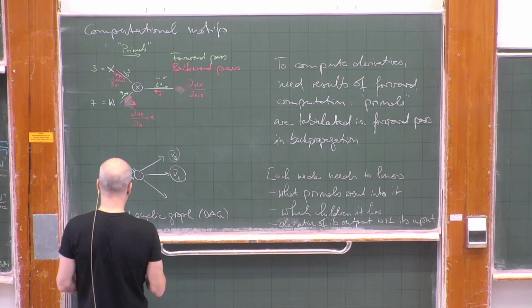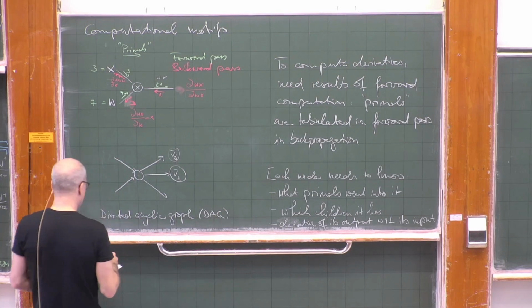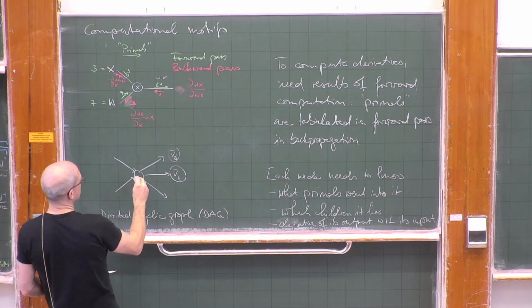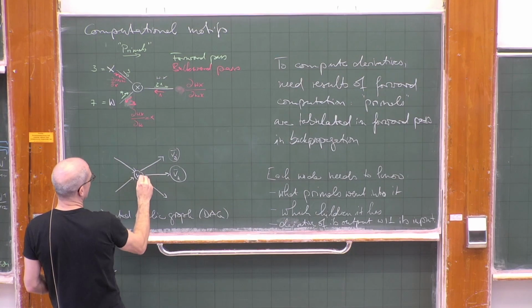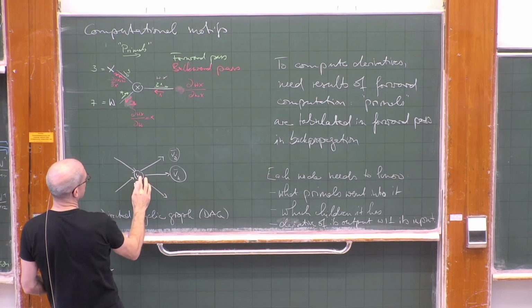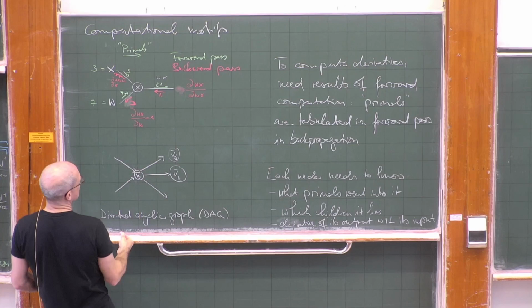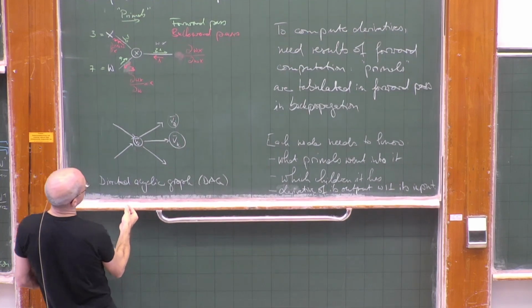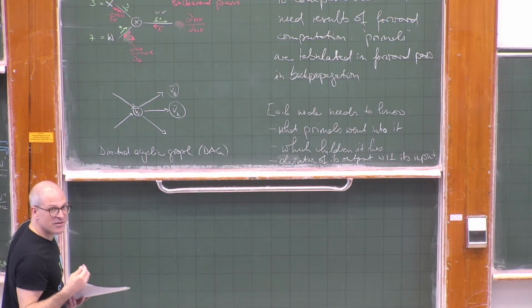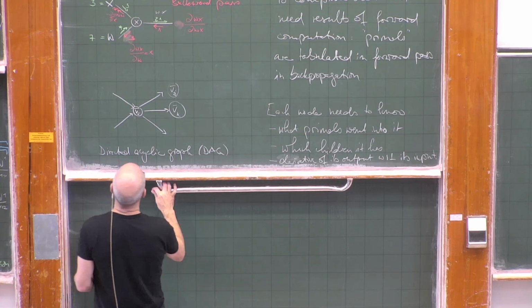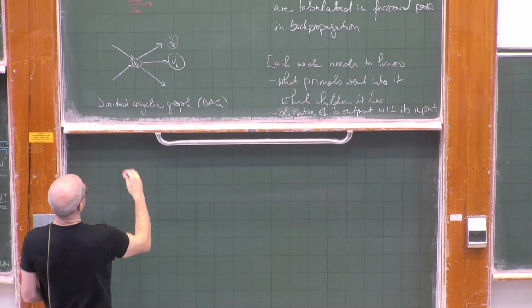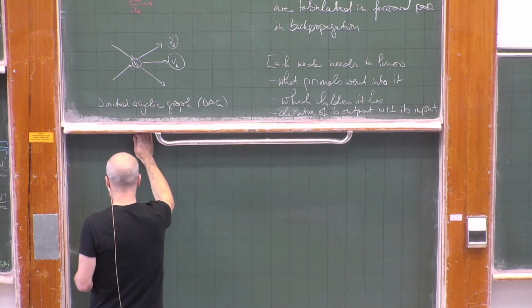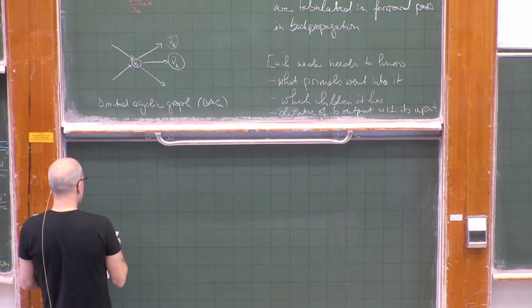We are interested in the partial derivative of node number i. We are interested in the derivative of the final loss or final outcome with respect to a particular node.